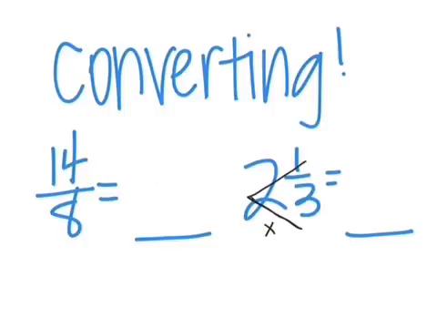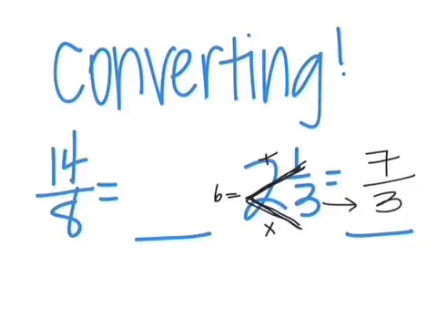So whoop would be 3 times 2, which is 6. And my other whoop would be to add my numerator. So 6 plus 1 would be 7. So whoop whoop: 3 times 2 is 6, plus 1 is 7. And I put that over the same denominator that I already have. So 2 1/3 is the same as 7/3.